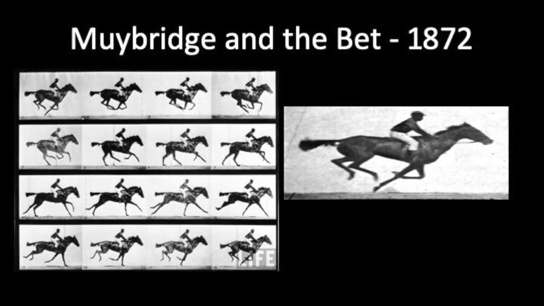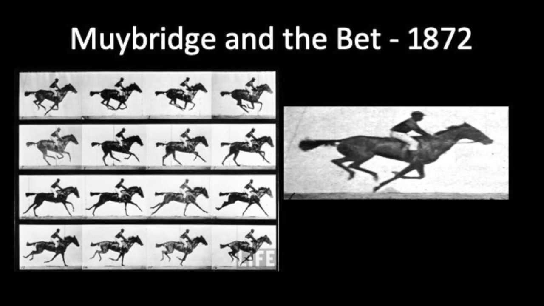One of the first sets of images used in the zoetrope was by Edward Muybridge. This has to do with a bet between the governor of California, Leland Stanford, and a local person at the time.